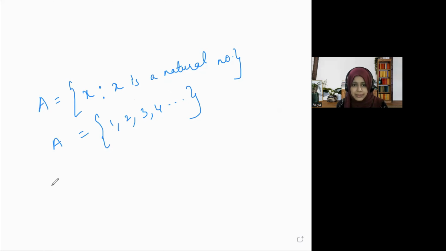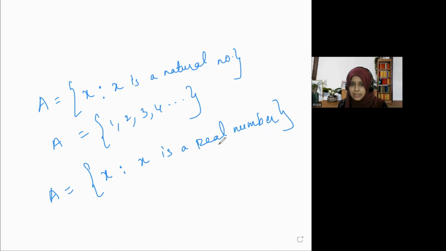Now, let me represent another set builder form. Now, the set of all X such that X is a real number. Now, how do I represent this in roster form? My real numbers could be in p by q form. It could be my integers.